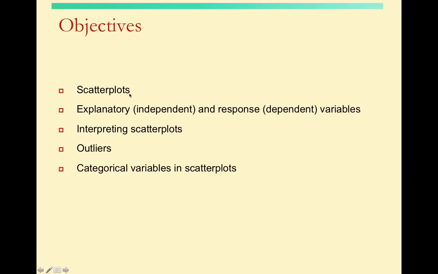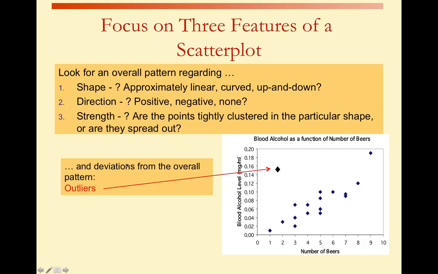Okay, so we'll look at these things and start out with the scatter plot. So the scatter plot is when you take two numerical variables. Let's just say we have blood alcohol as a function of number of beers.